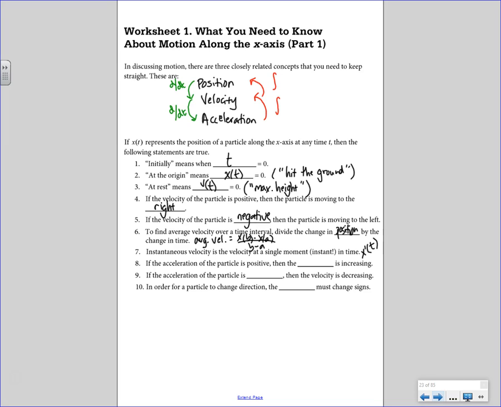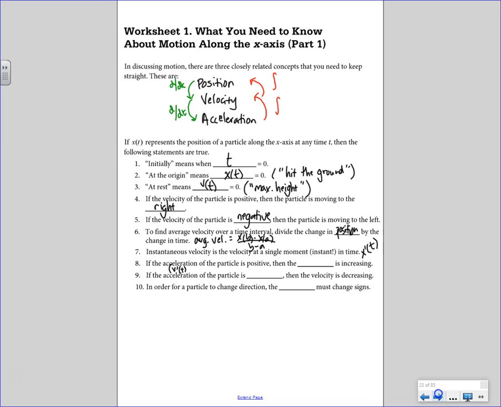If the acceleration is positive, then the blank. Velocity. But well, why? You can raise a hand and say, why would velocity be increasing, Sean? So it's going back to what we learned last semester with the second derivative and the first derivative, and how when the sign changes, that indicates the other.